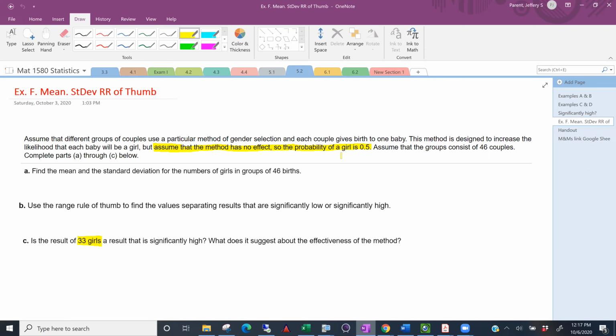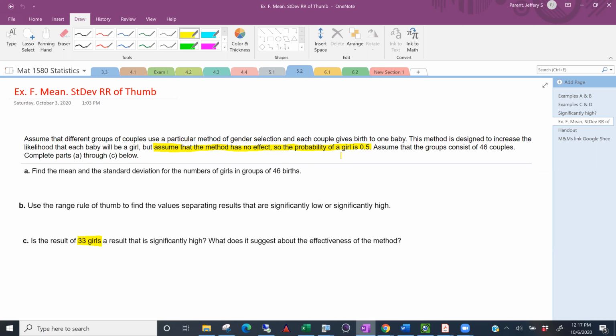This method is designed to increase the likelihood that each baby will be a girl, but we'll assume that the method has no effect. So the probability of a girl is 0.5. Assume this group consists of 46 couples. Complete the parts A through C below.